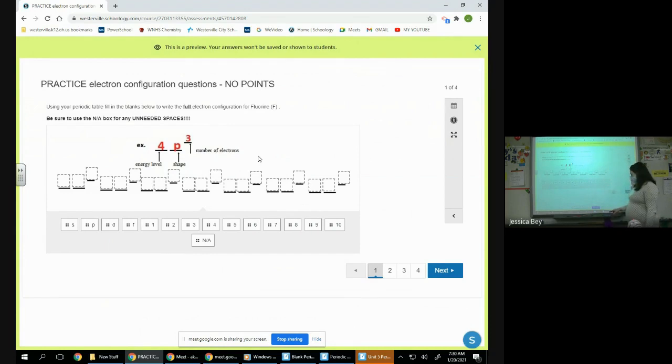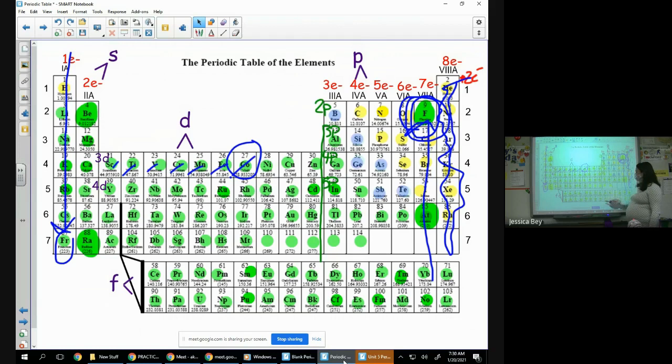So what you'll do is you'll get your periodic table. There's so much writing on here. Fluorine is right over here. My suggestion is that you just jot it down somewhere.